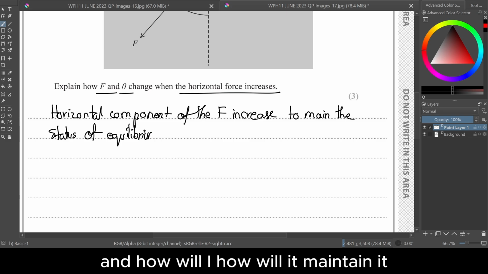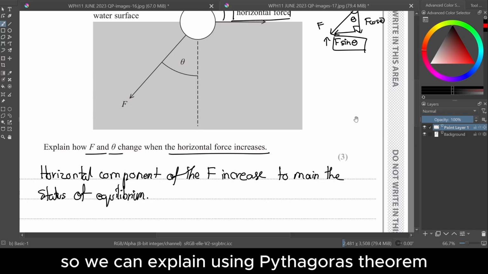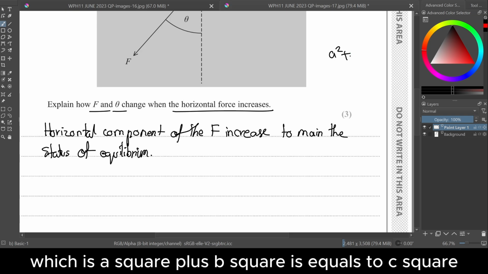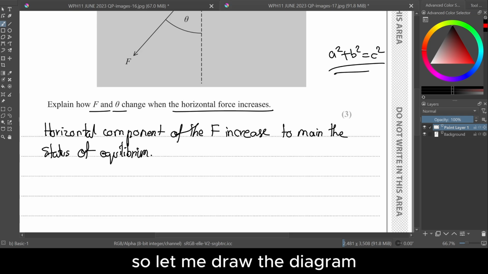Okay, and how will it maintain it? We have to explain it using the formula. So we can explain it using Pythagoras theorem, which is a square plus b square is equal to c square. I know you might have heard about it. So let me draw the diagram.